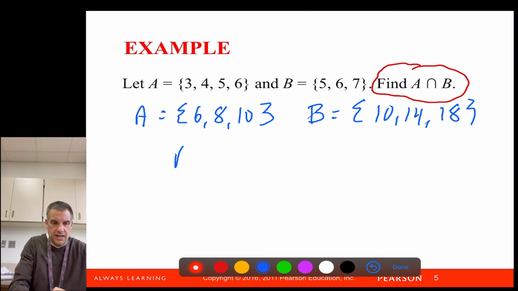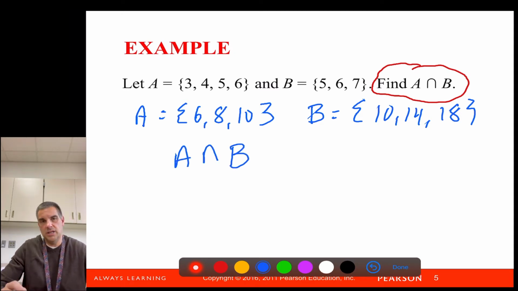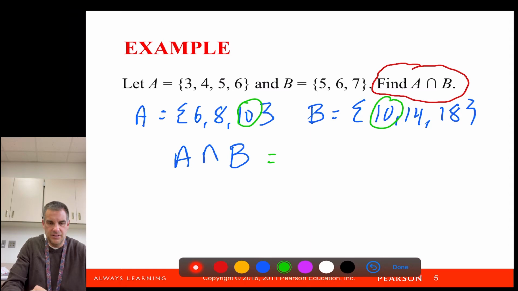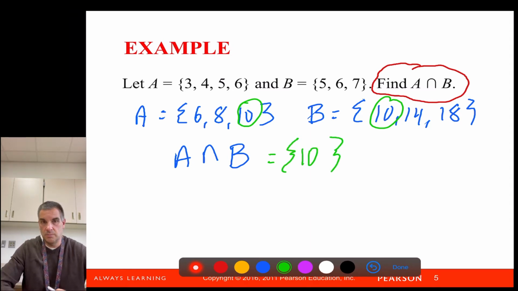And we want to find A intersected with B, or A and B. Which ones do they have in common? 10 is the only one that they have in common. So that's my solution, and we could put it in set notation as {10}. And there it is. That's how intersections, or and statements, work with sets. So when two things intersect, they have everything the same.